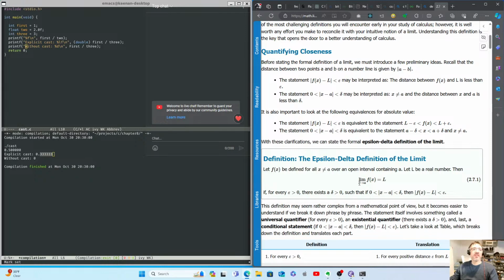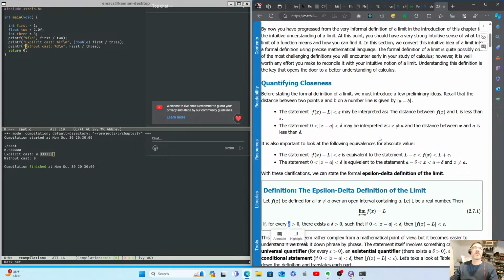Then the limit as x approaches a of f(x) equals L if for every epsilon greater than 0, there exists a delta greater than 0, such that if 0 is less than the absolute value of x minus a, which is less than delta, then the absolute value of f(x) minus L is less than epsilon. So saying that as you get closer and closer to a, for some epsilon, you're going to converge onto this point of this limit.